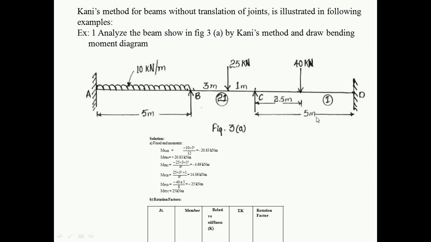Member CD has a span of 5 meter, a concentrated load of 40 kN, and moment of inertia I. So we begin with the very first step of Kani's method, that is the fixed end moment.